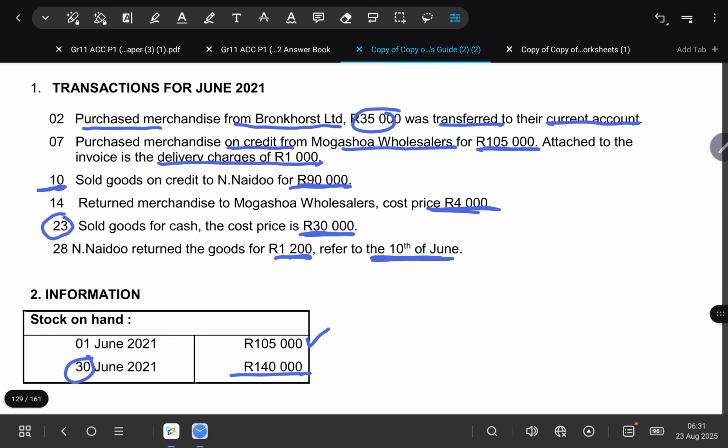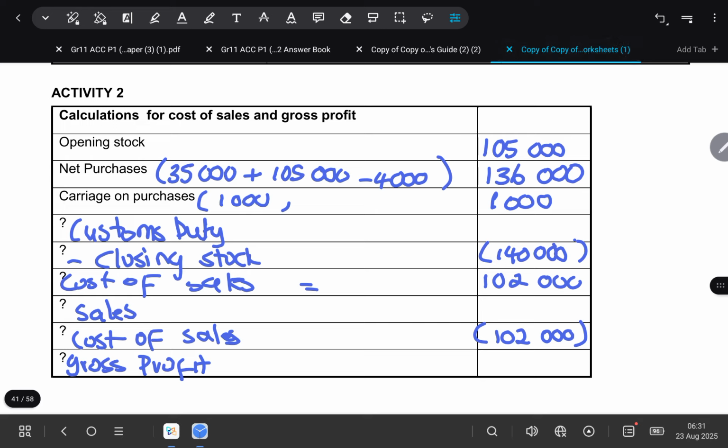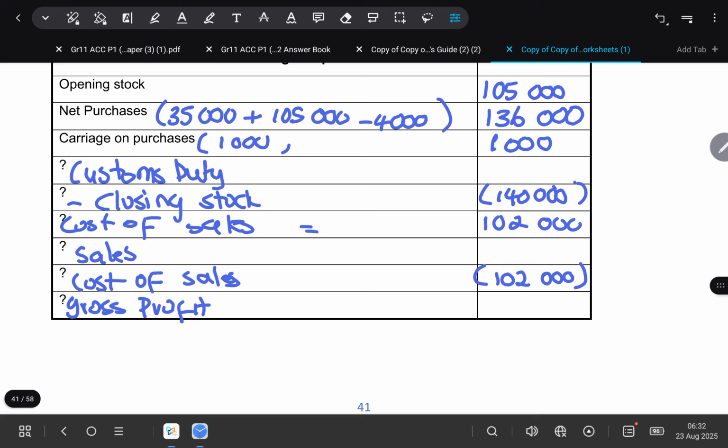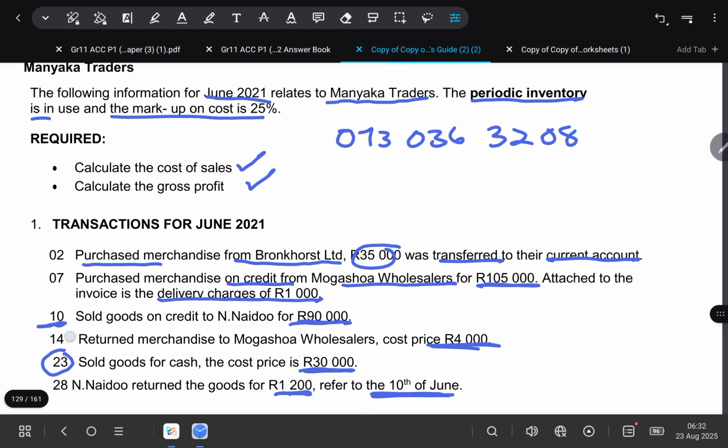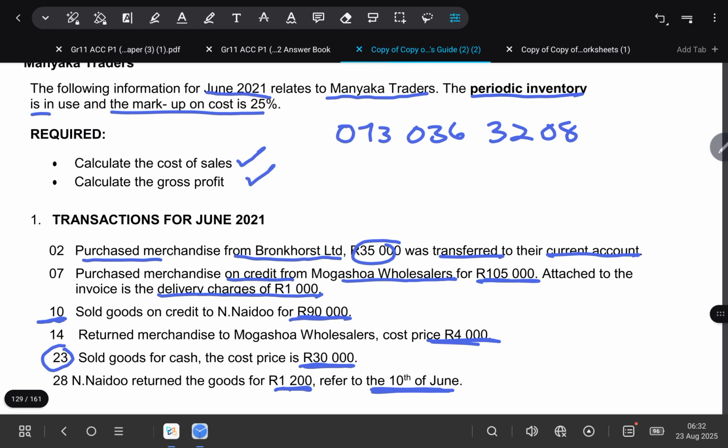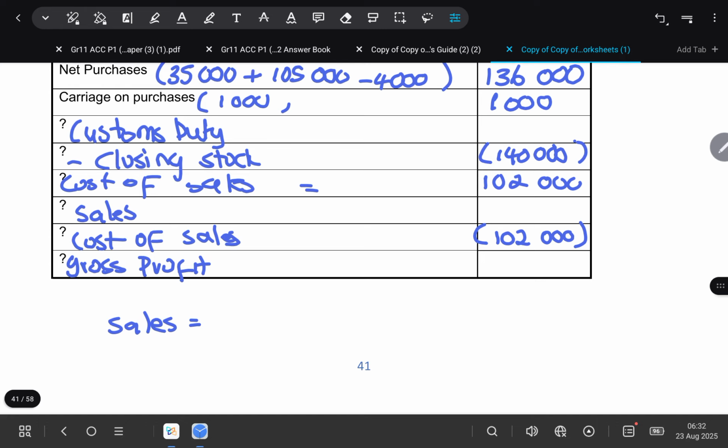Remember, this cost of sales should help us to get the sales that we are anticipating to have made, because they gave us a markup. So my sales before returns will be, remember they said markup on cost is 25%. So it means that my sales is represented by 125, right?